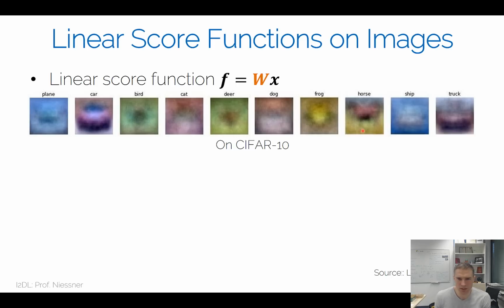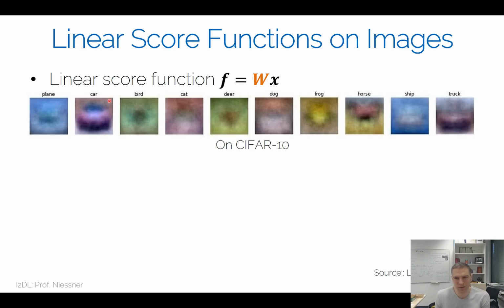If you're taking the horse, for instance, if you're looking very closely, we're seeing the horse here in the middle, and we're seeing that this horse has kind of two heads. And the reason why it has two heads is because in our data, we're going to have some horses that have the head on the left-hand side, and we're going to have some horses that are on the right-hand side. And what we see here is that the head of the horse on the left-hand side is a little bit more pronounced than the one on the right-hand side. Well, why is that? Because we simply have more horses in the data set that look to the left than to the right.